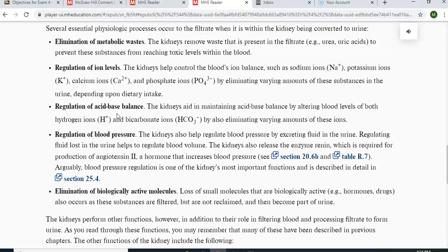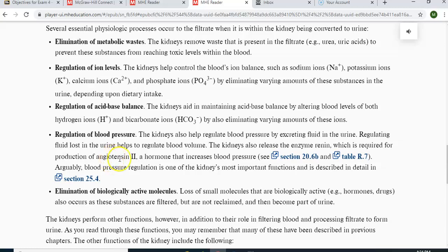And then regulation of blood pressure. So we actually talked a little bit about that when we talked about blood pressure in the blood vessel chapter. So you may have remembered angiotensin II was one of the hormones that we talked about that would help to regulate blood pressure by regulating urine production.